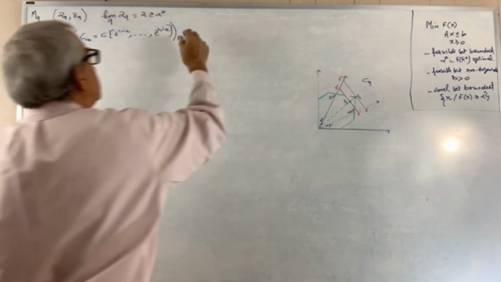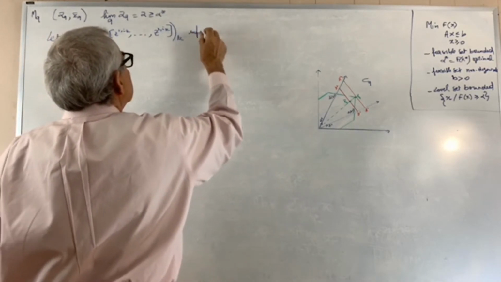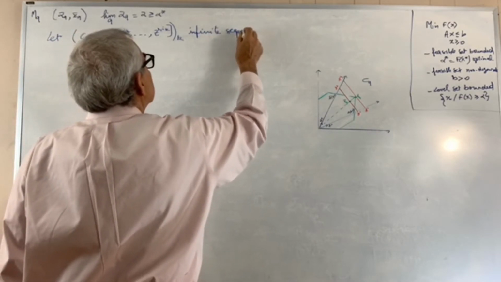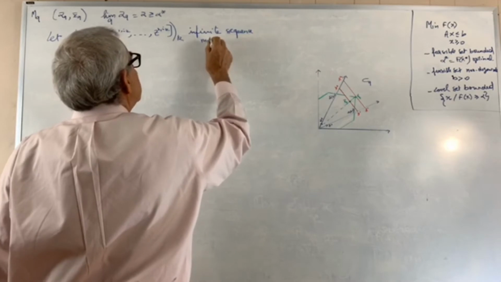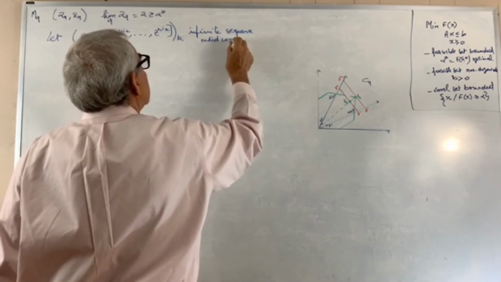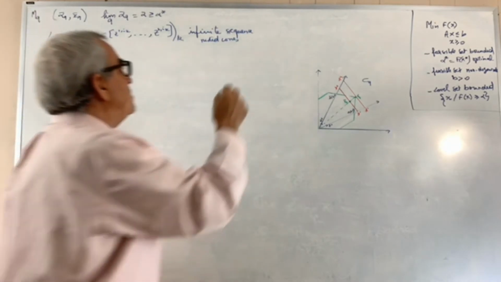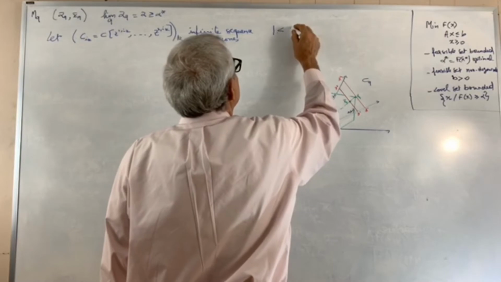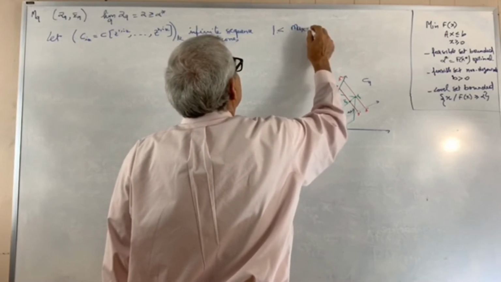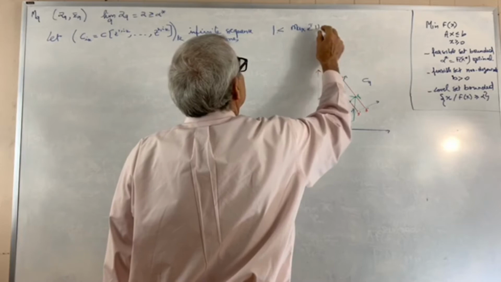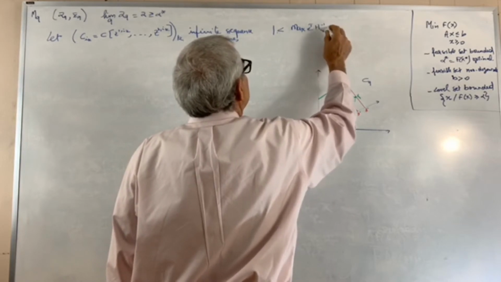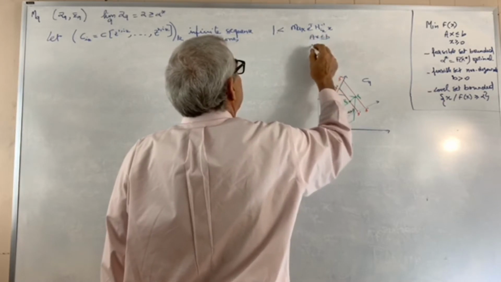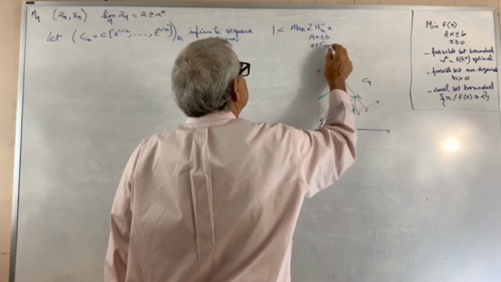So this is an infinite sequence of nested cones obtained via the algorithm, which means that at every iteration, one is strictly less than the maximum of E transpose H_{I_k - 1} x subject to Ax less or equal to b and x belonging to C_{I_k}.